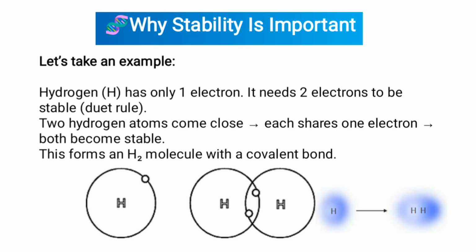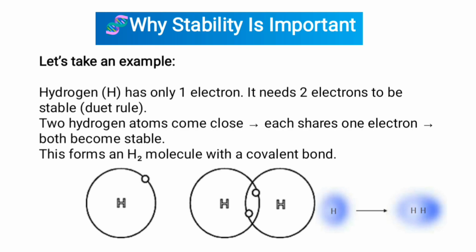Now, why is stability important? Let's take an example. Hydrogen has only one electron. It needs two electrons to be stable. So two hydrogen atoms come close, and each shares one electron. Both become stable.